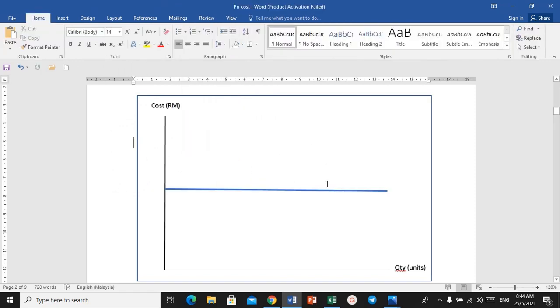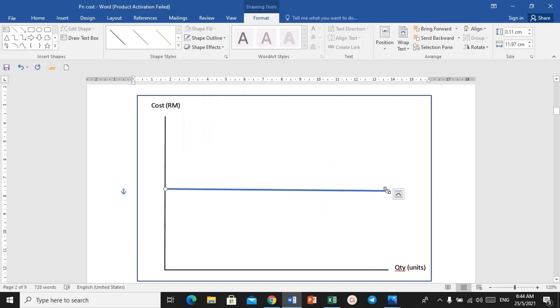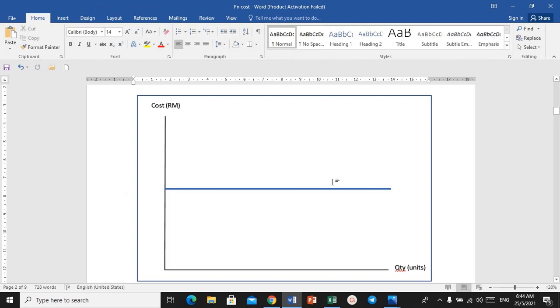Make it not too 90 degrees, jangan sangat-sangat. This will represent your total fixed cost.